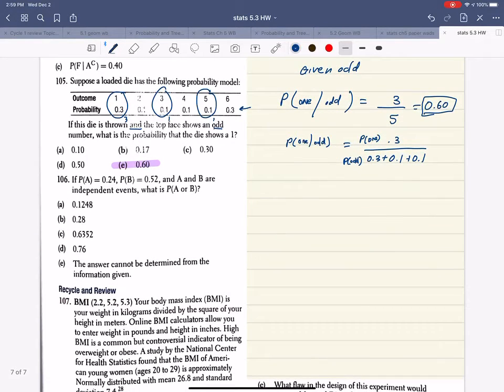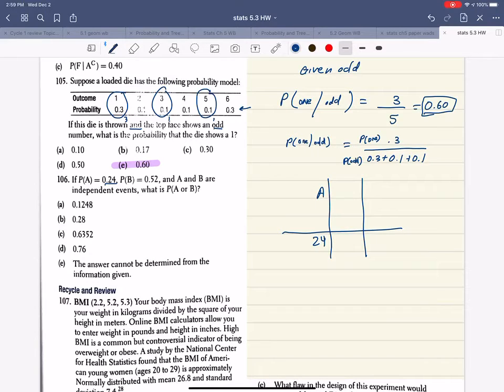106. This one you don't have the answer to. But let's work this out together. So it says the probability of A is 0.24. And the probability of B, A and B are independent events. So we don't know what A is, but they're independent events.